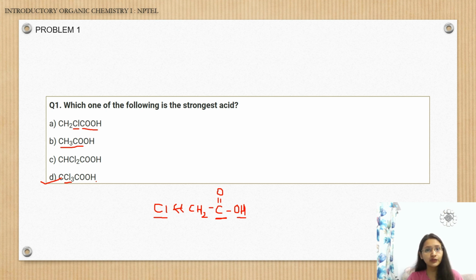So among these four, option D, that is CCl3COOH, will be the strongest acid. Why? Because chlorine pushes the electron density towards itself, making the carbonyl carbon more electropositive and the OH bond more polar. So the OH bond is weaker and H plus is readily available. Option D is the correct answer.